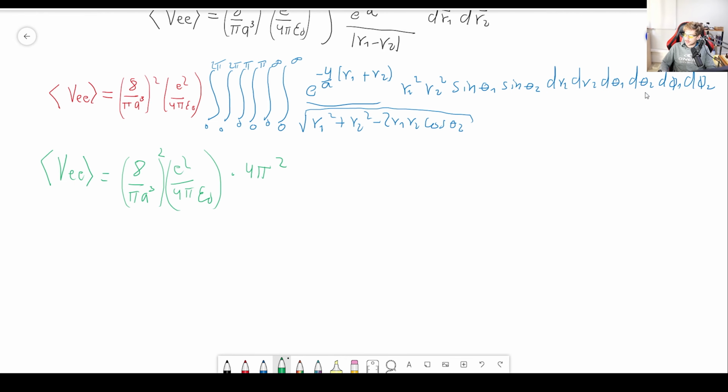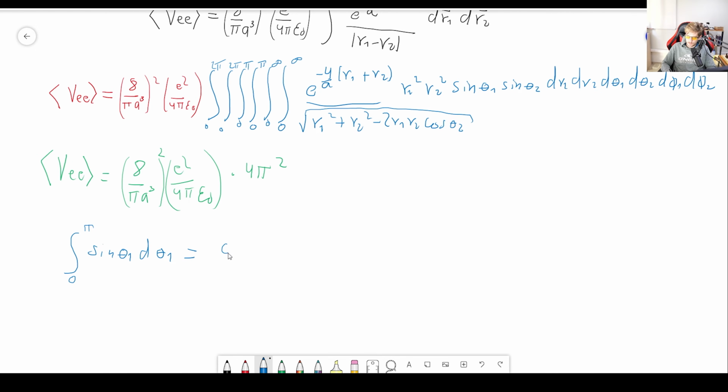And now let me separate a little bit what is in here. We can also notice that there is no dependence on theta, right? So we have theta 1 and nothing else. So we can also just integrate it right away. So the integral from 0 to pi of sine of theta 1 d theta 1, right? What is this going to be?